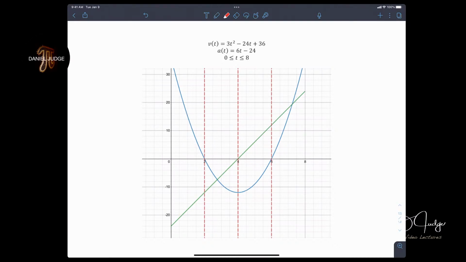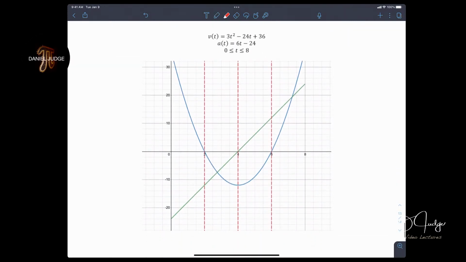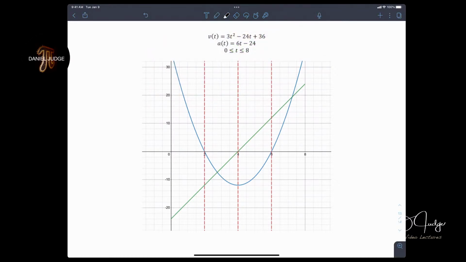What they want you to do here is the following. Remember what we started to mark above. I want you guys to know something here. Let me see if I can stick with the same colors. Oh, no, we can't. We're going to have to do something like this, okay? The parabola in blue is my velocity curve.